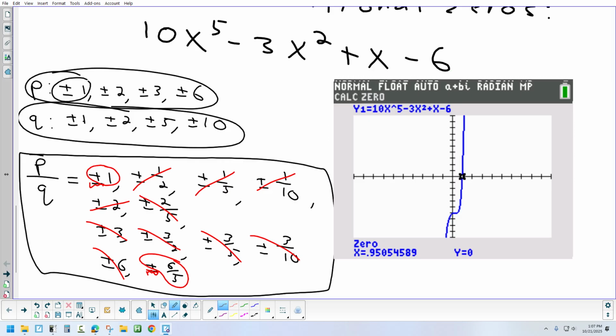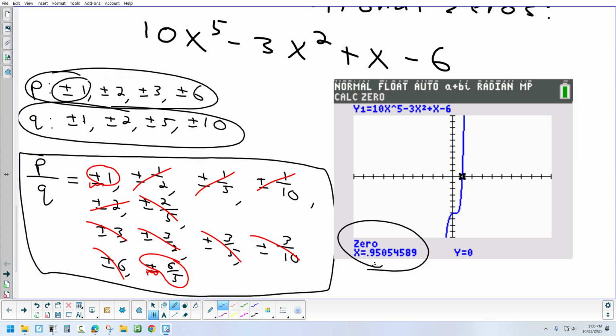Which number in this list is this? It's got to be exact. It can't be close. That is the actual answer, the exact answer right there.